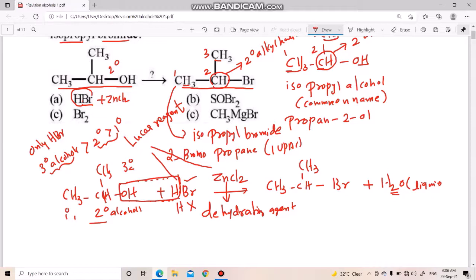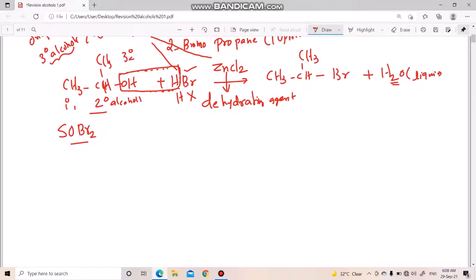Now we can discuss the second option, SOBr2. CH3CH(OH)CH3, the starting compound, plus SOBr2.